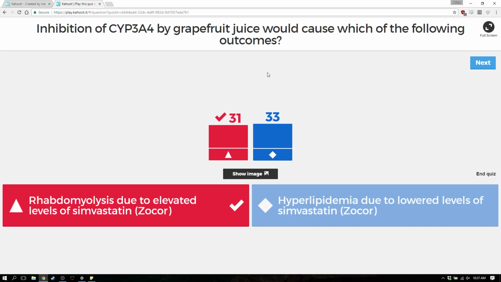You have lowered levels, right? Because you have more enzymes there to metabolize the drug. You'd have a shorter half-life. You would have the drug go down to lower levels, and then you would see failure of therapy, right? So you may see hyperlipidemia secondary to that, so your blood lipids would go up. Okay, does that make sense? So again, it's important to know, if you have an inhibitor on board, what is that going to do to drug levels versus if you have an inducer? Okay.